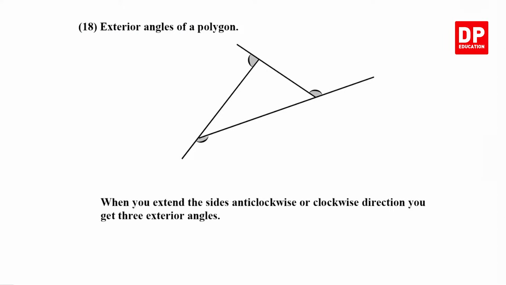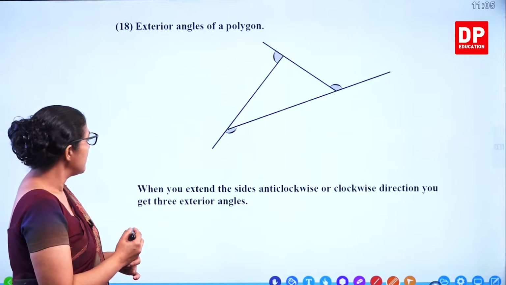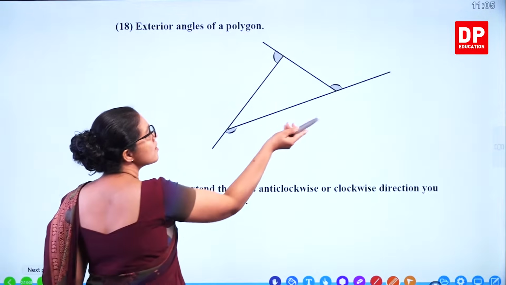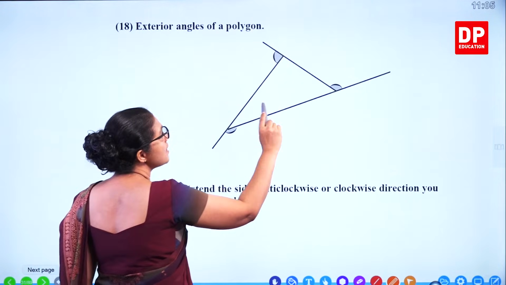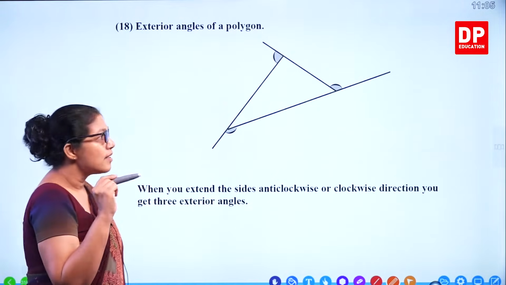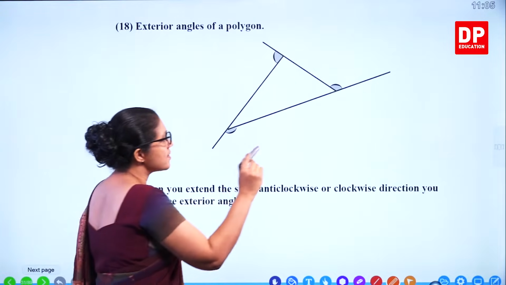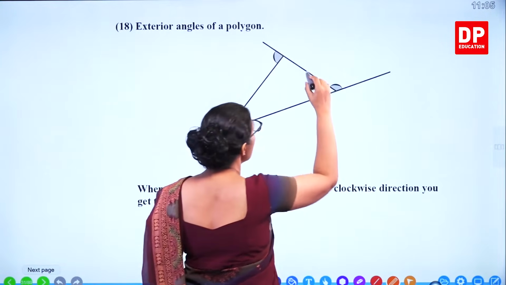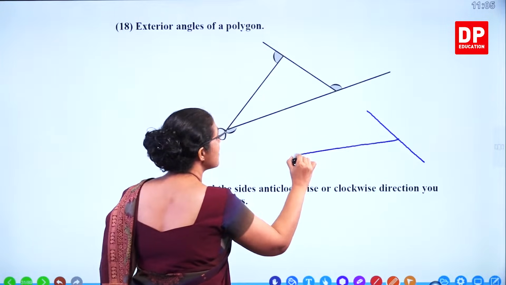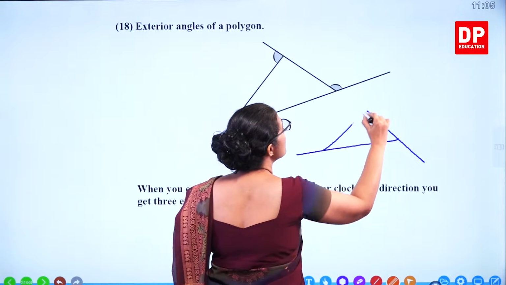Now we'll look at what exterior angles are and what the sum of exterior angles is. So this is a triangle. When you extend the sides anti-clockwise, you get these exterior angles. You can do either clockwise or anti-clockwise. If you take clockwise, you are extending this way, this way, and this one this way.